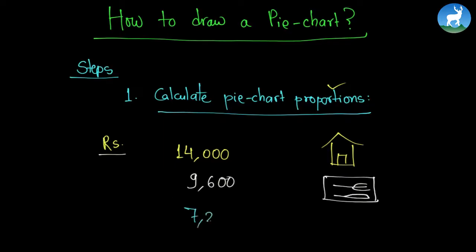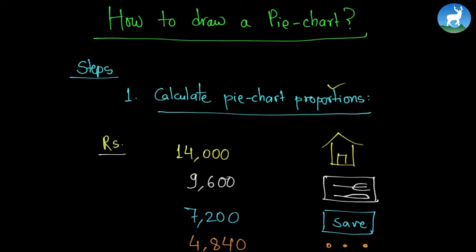Afterwards, 7,200 rupees is your monthly savings. You save 7,200 rupees in a month. Let us assume that 4,840 rupees is gone to extra things outside of all these.